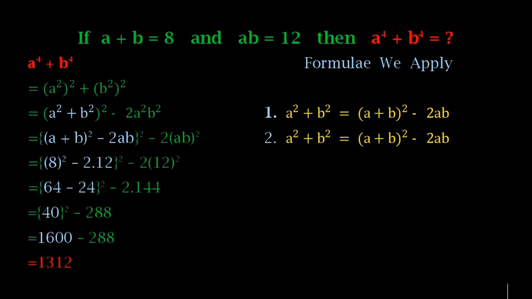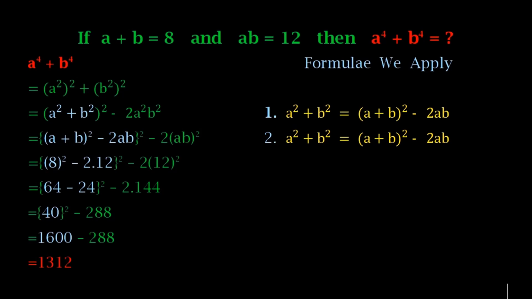Though the math could be done through that process, it would be lengthy. As we know the value of a plus b is equal to 8, we apply the corollary related to a plus b, based on the given value. So a square plus b square becomes (a plus b) whole square minus twice ab.